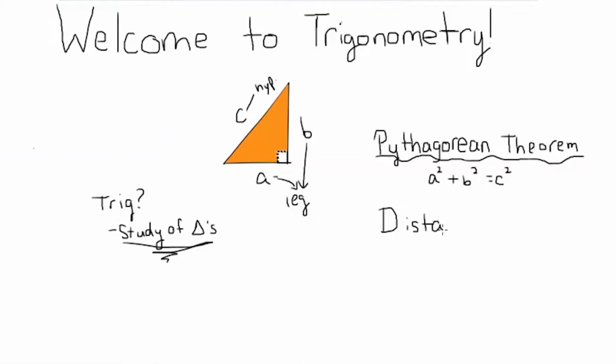So the distance formula is mainly used when one is working on a coordinate grid and he or she has coordinates. This distance formula is used to find slant lengths.